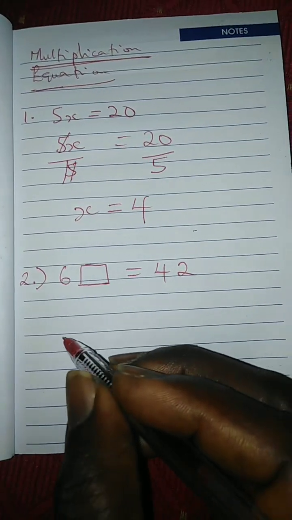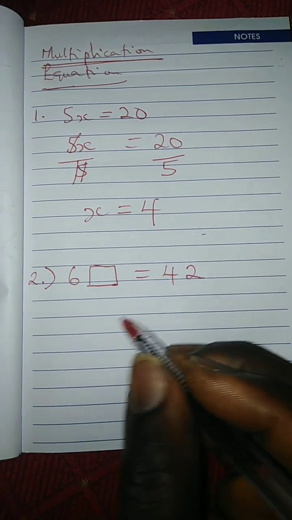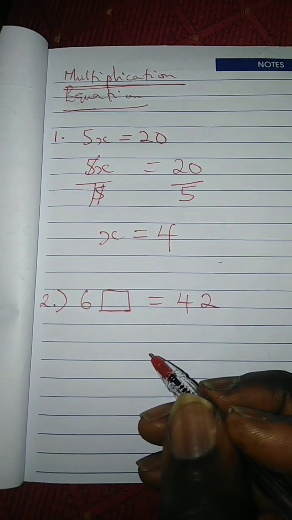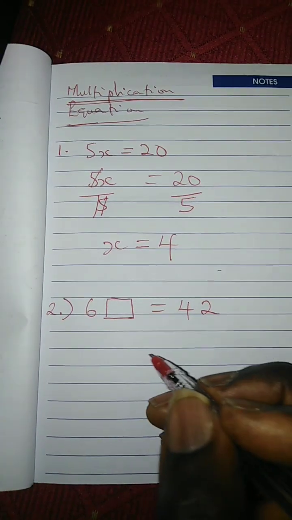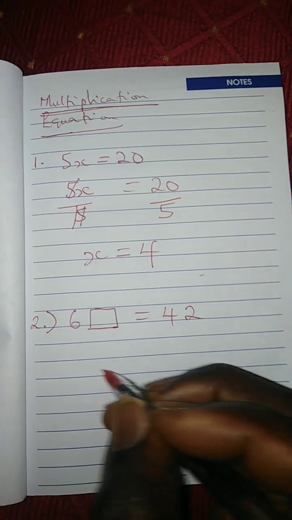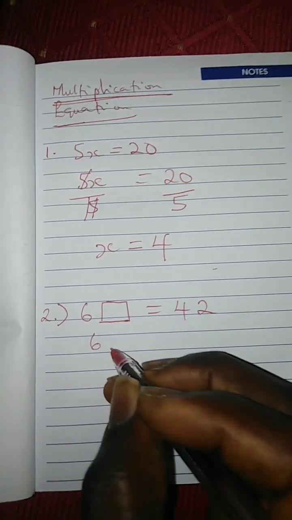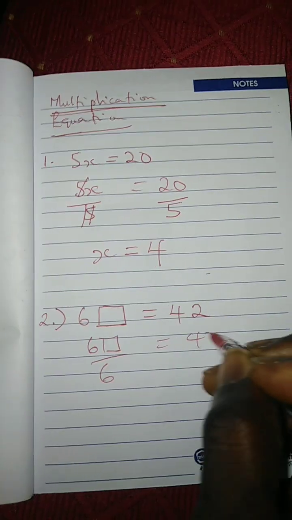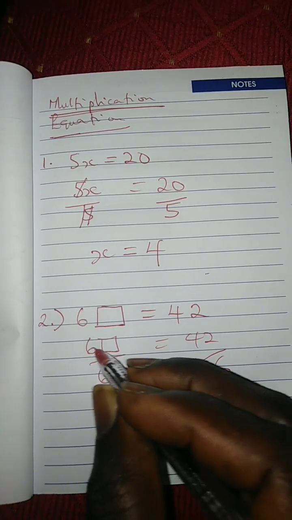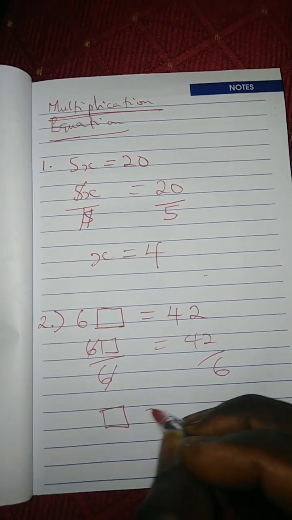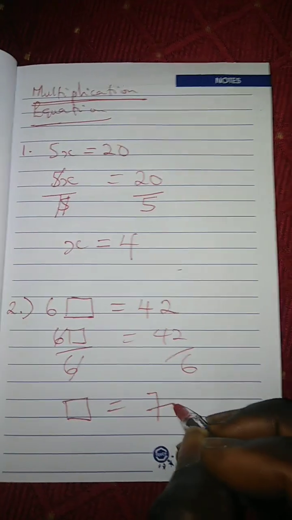For this other side, I have 6 times box equals to 42. So I'm looking for the number in this box. Divide by the coefficient of the box, which is 6. I'll have 6 box over 6 equals 42 over 6. This 6 cancels 6. So the box will be 7.